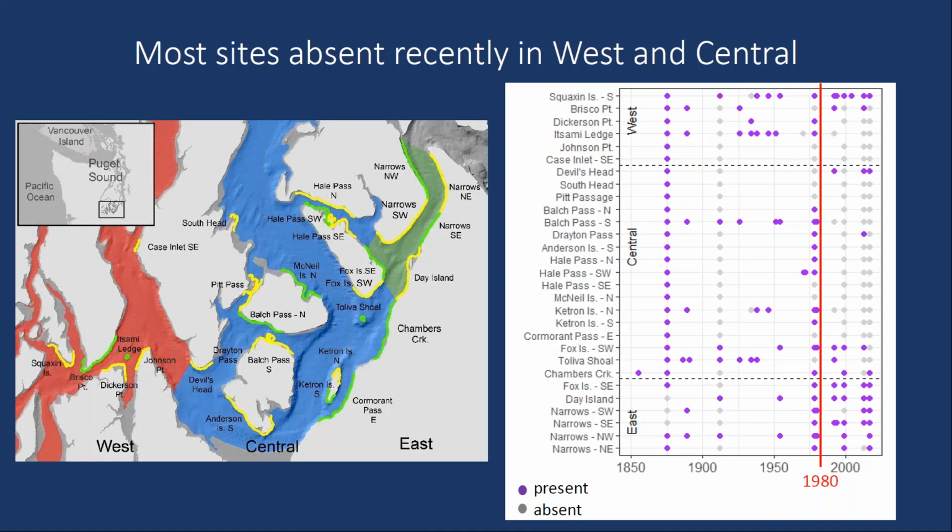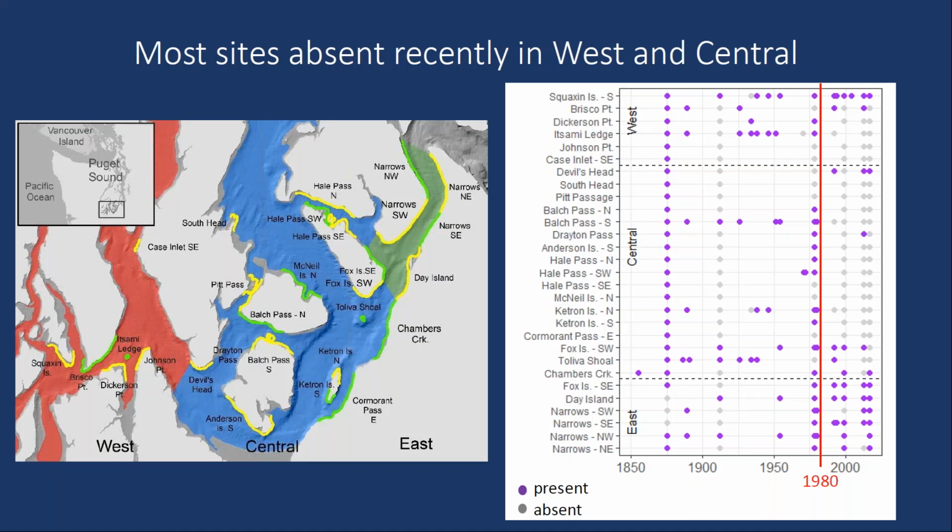While this is a really rough approach, it allows us to incorporate data sets that aren't comprehensive and ones that only use narrative descriptions, which a lot of the old chart books do. So what you'll see, as you look through this list that's sorted from west to east, is that there's a pattern of decreased persistence, fewer purple dots in west and central, the first two regions, in recent years.